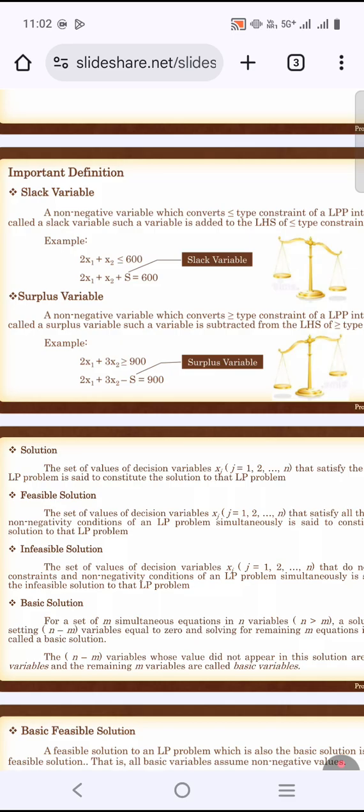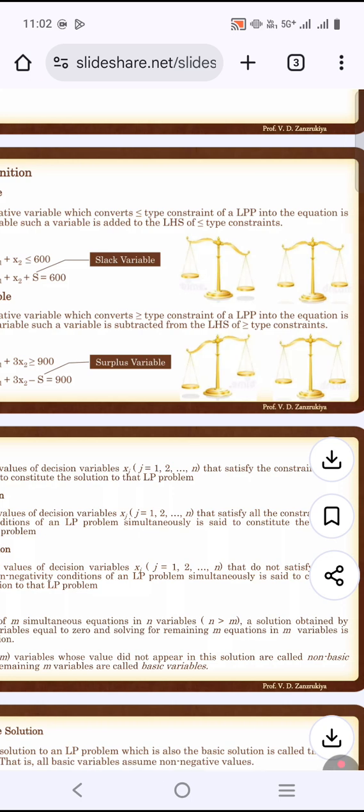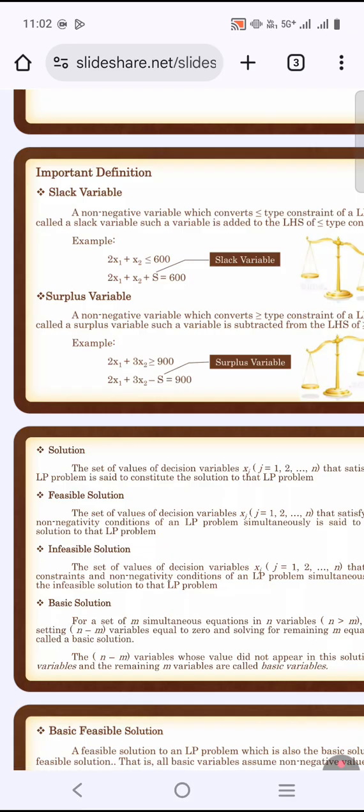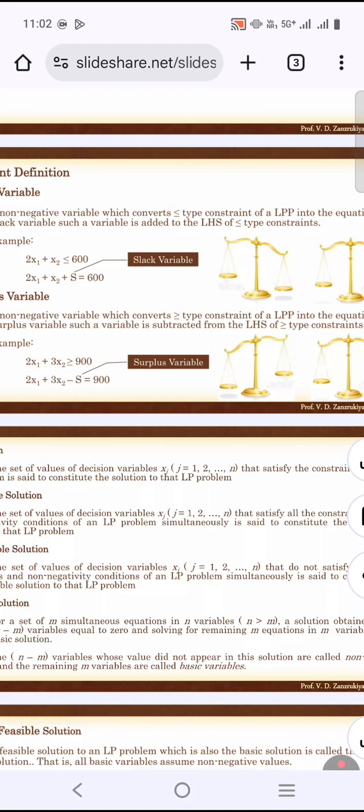A slack variable is a non-negative variable which converts a less than type constraint of a linear programming problem into an equation. Such a variable is added to the left hand side of a less than type constraint.